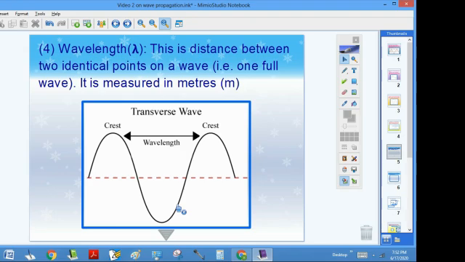That is to say it is a distance, and it is measured along the x-axis, unlike the amplitude that is measured along the y-axis. It describes one full wave, one complete wave. So that is what wavelength is all about.